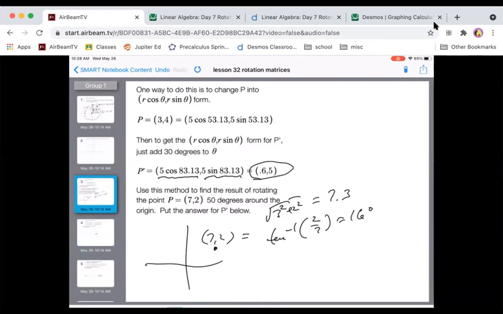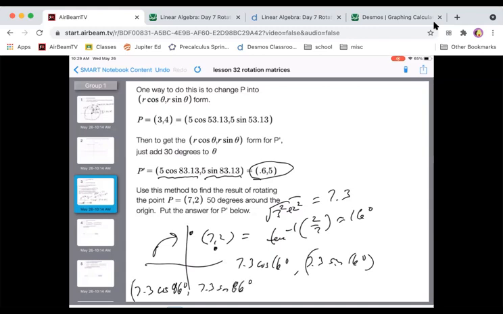So when I rotate by 70 degrees, it ends up over here. So if this one is (7.3 cosine 16 degrees, 7.3 sine 16 degrees), that's P, then P prime is going to be (7.3 cosine of 16 plus 70, which is 86, 7.3 sine 86 degrees).